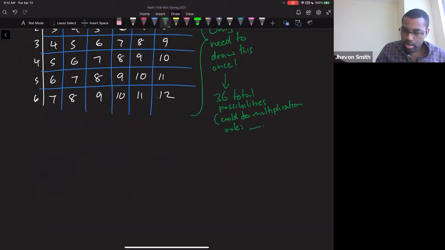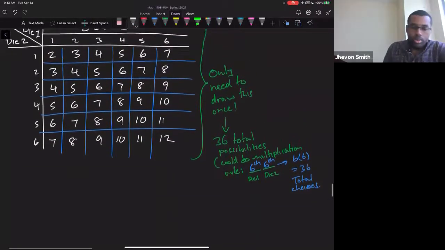Right, because for die 1 and die 2, you would have 6 choices and 6 choices, which leads to 6 times 6 equals 36 total choices. So you'll know you can do that anyway.